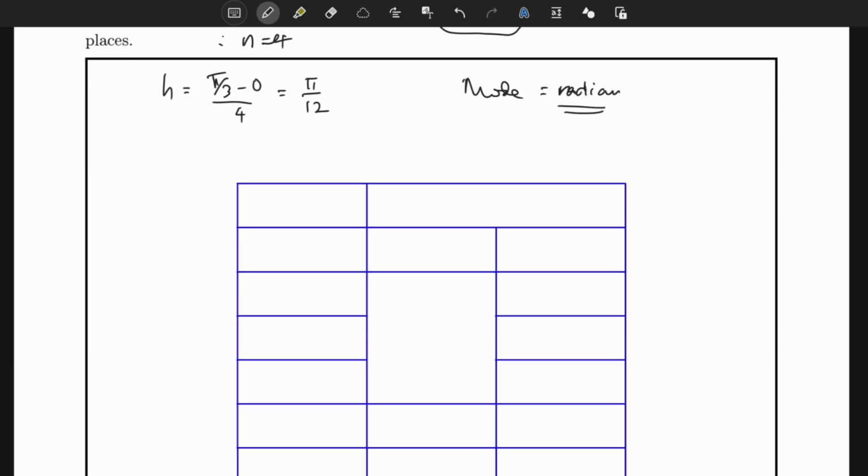Again, the first column will be your xn, and this is yn, which is your f(x). For this case, f(x) is tan x.